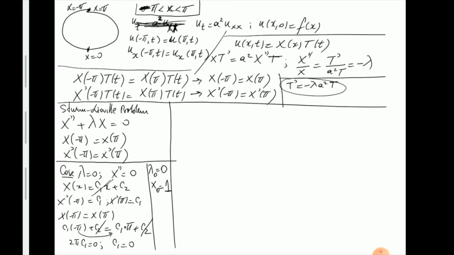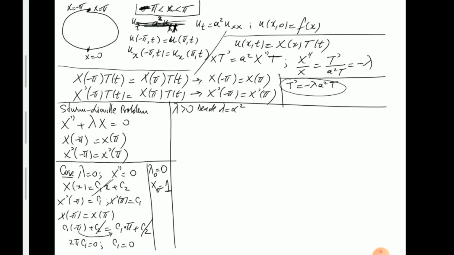And now let's deal with the case lambda greater than 0. Remember, it's a good habit, if you prefer, to avoid square roots, to just denote lambda by alpha squared, or any variable to the power 2, simply because you anticipate a square root when you deal with the solution in this case. I like to do that often. If you don't do that and you keep lambda, you're going to have square root of lambda, which is not a big deal.